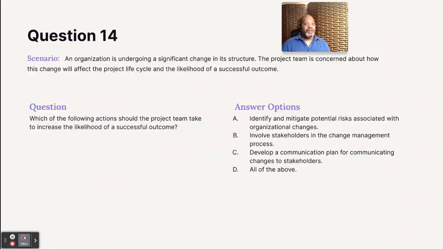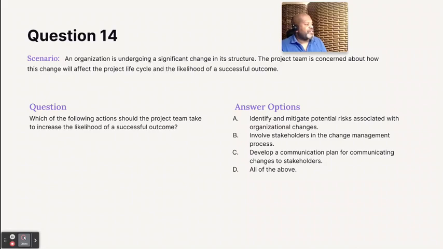How are we doing so far? Which of the following actions should the project team take to increase the likelihood of a successful outcome? The project team is concerned about how this change will affect the project life cycle and the likelihood of successful outcome.